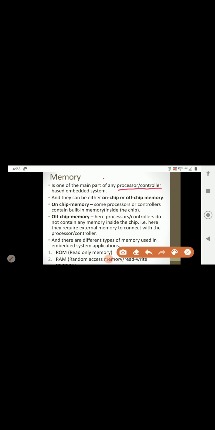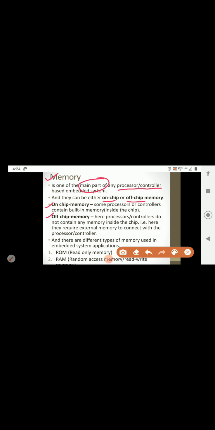The main part after the processor or controller is the memory. This memory can be either one of two types: either on-chip memory or off-chip memory. So, what do we mean by on-chip and off-chip memory?